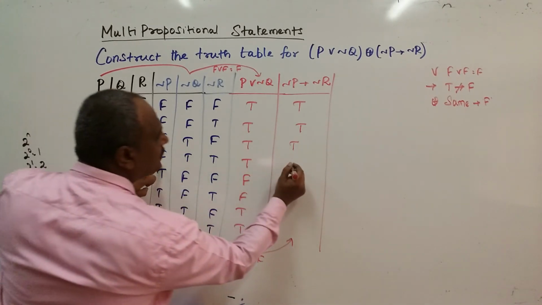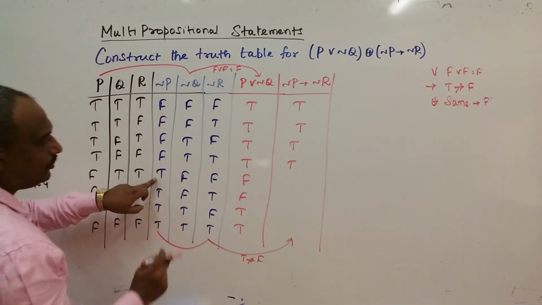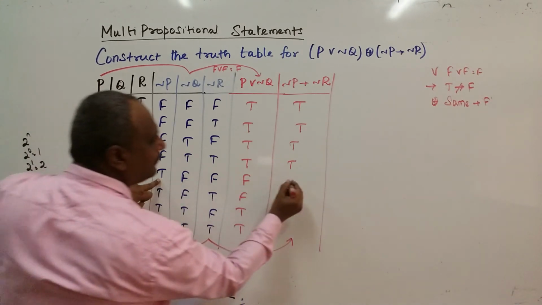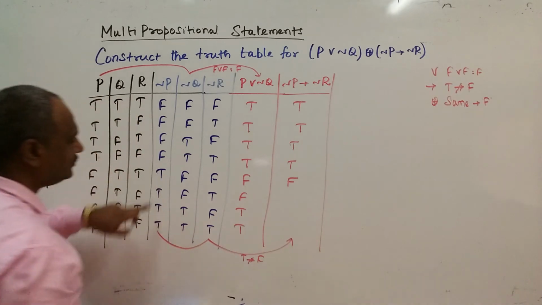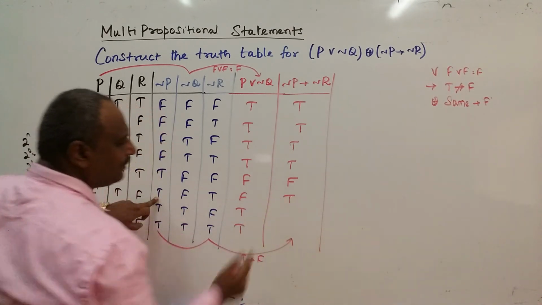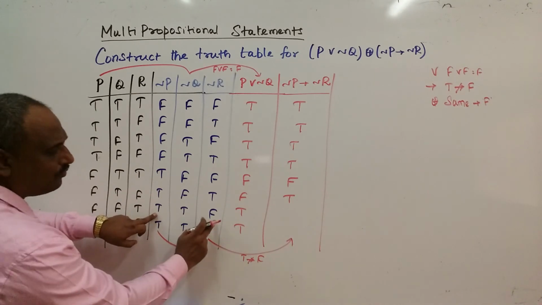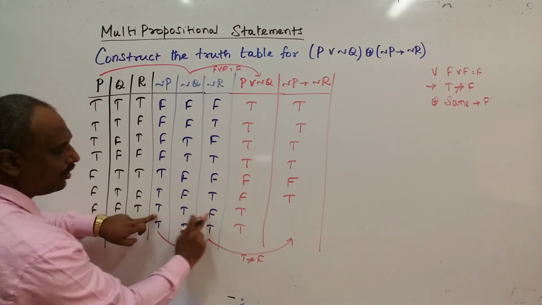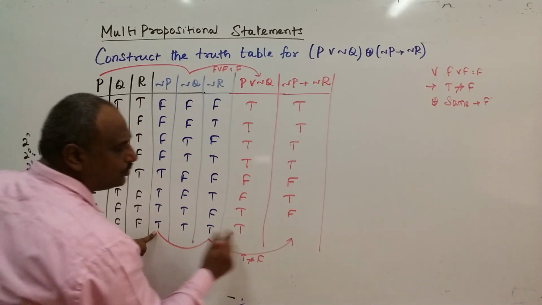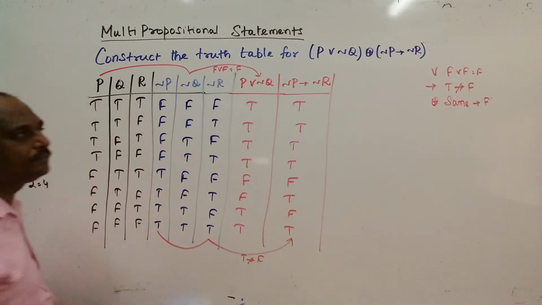False, true: true. False, true: true. False, true: true. True, false: a true statement cannot imply a false statement, so the result becomes false. True, true: both statements are true, so the result is true. True, false: the result is false. True, true: the result is true.